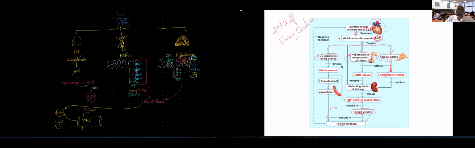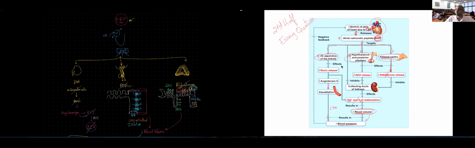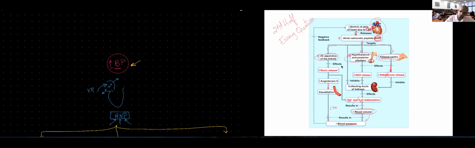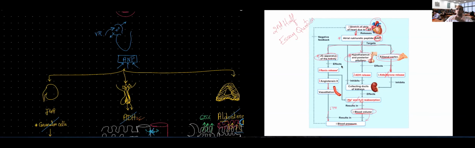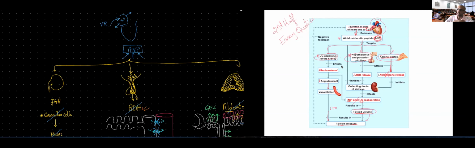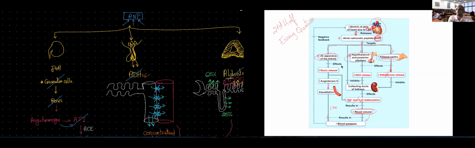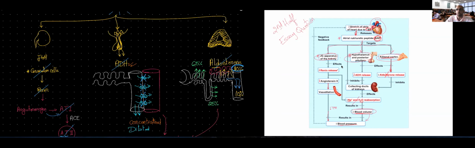All right, so this is briefly how your body responds to what again? To an increase in blood pressure. So again, how do you respond? You've got increase in the venous return, you stretch the atria. Atrium will respond by releasing atrial natriuretic peptides that target the juxtaglomerular apparatus, hypothalamus and posterior pituitary gland, and the adrenal cortex.